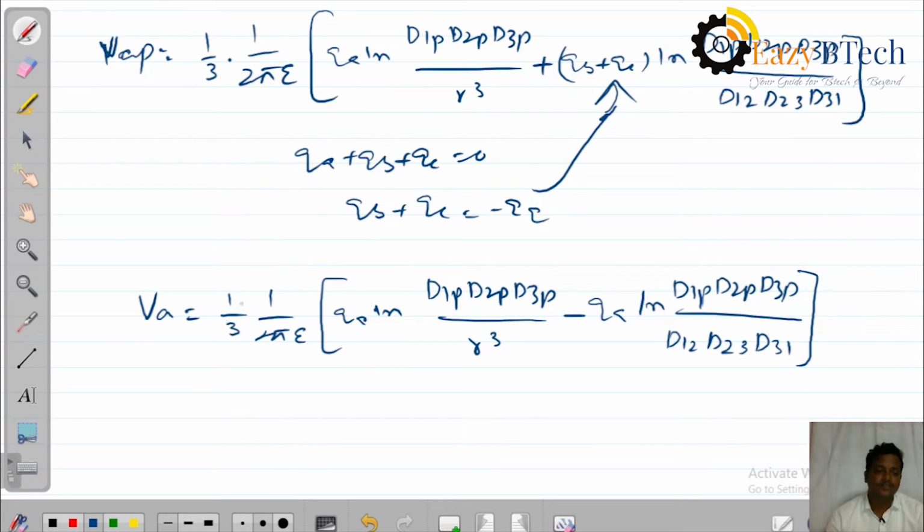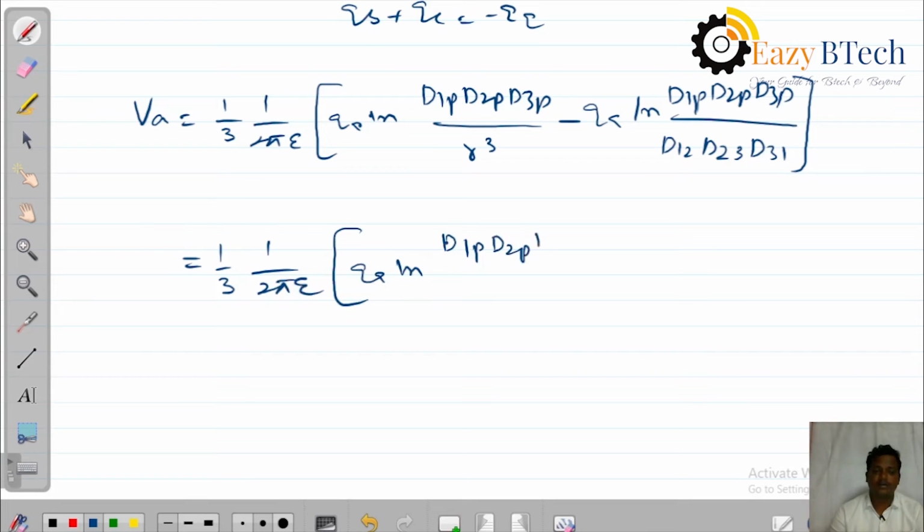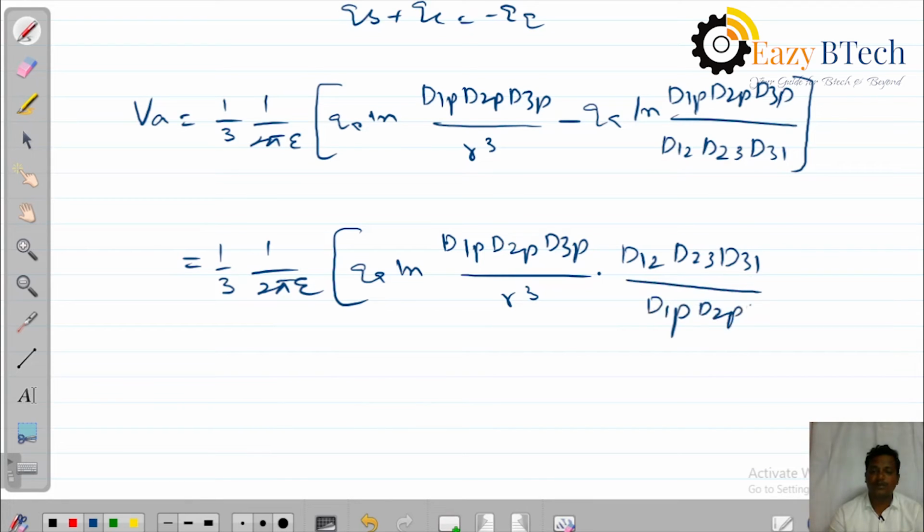Okay, now use the formula. The formula is ln of A minus ln of B. You can write it as 1 by 3, 1 by 2 pi epsilon QA ln [(D1B D2B D3B divided by R cube) into (D12 D23 D31 divided by D1B D2B D3B)].